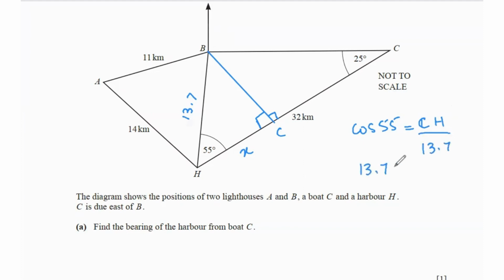So 13.7 times cos 55, and that is going to give us 7.86 as the shortest distance, the value of CH in kilometers.